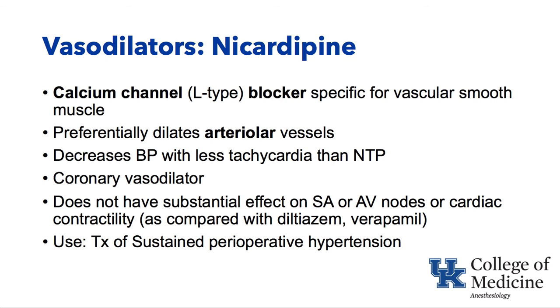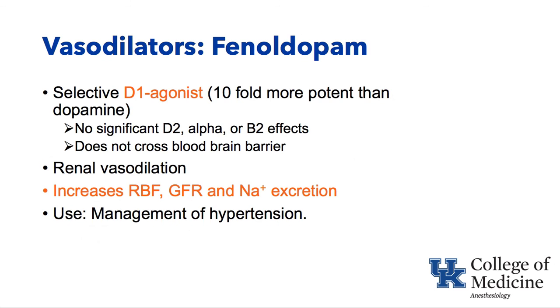In the treatment of sustained perioperative hypertension as a calcium channel blocking agent, vasodilating agent, which can help us control blood pressure. Fenoldopam, not used very commonly, but is a selective D1 or dopamine 1 agonist. In fact, it's about 10-fold more potent than is dopamine at the D1 receptor.